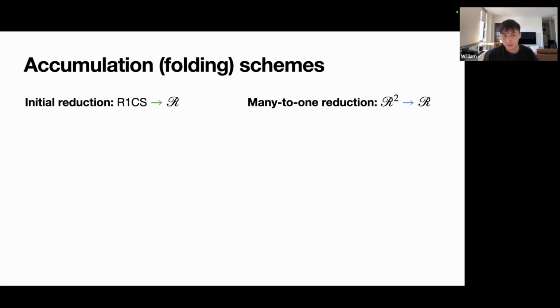The second component is a many-to-one reduction, which takes multiple statements in R and compresses them into a single statement in R. So the way that you would actually see an accumulation scheme in action is, let's say you have some R1CS instance, you use the initial reduction to convert it into a central instance. Then you repeatedly compress it with an existing running instance. And you can do this over and over again, right? If I have a new R1CS instance, I first convert it into R, and then I compress again. I can do this an unbounded number of times.